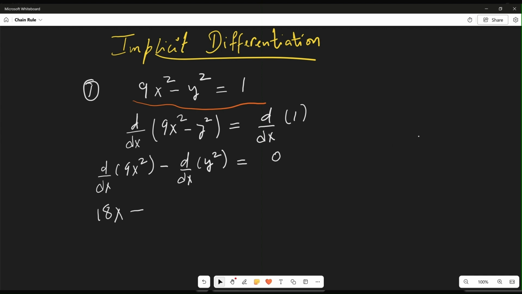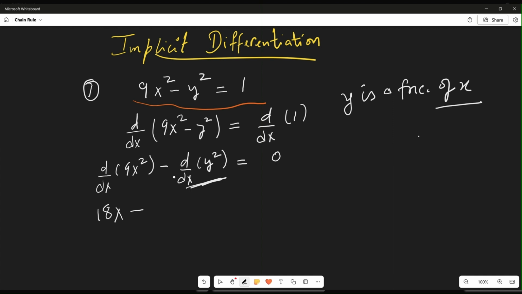Minus. Now here's the most important thing: the derivative of y squared. We know that y is a function of x. Therefore, whenever you see y, you have to take the derivative of y with respect to x.